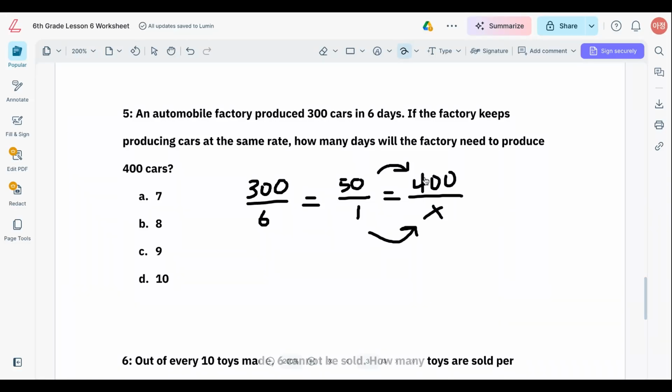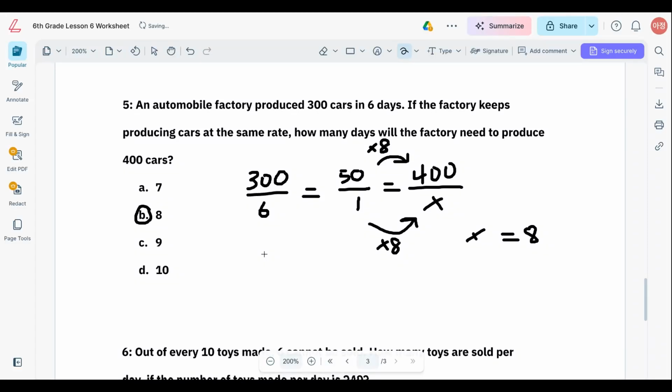And so we just have to do 400 divided by 50, right? And that's just 8. Because we know that 8 times 5 is 40, and then you just add the 0 there. So we also multiply 8 here. And so x is 8. So the days it takes for 400 cars to be produced is 8. So B is the correct answer.